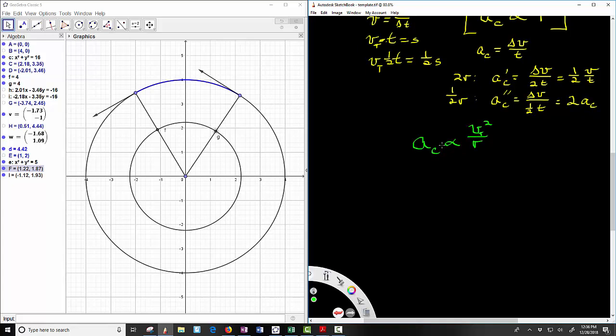And remember that to go from a proportion into an equation, this would be equals k, some proportionality constant, times v squared over r. And if we did this and plotted it, we would find that k value is 1. So we end up with our centripetal acceleration equation, v squared over r. That's your centripetal acceleration for uniform circular motion.